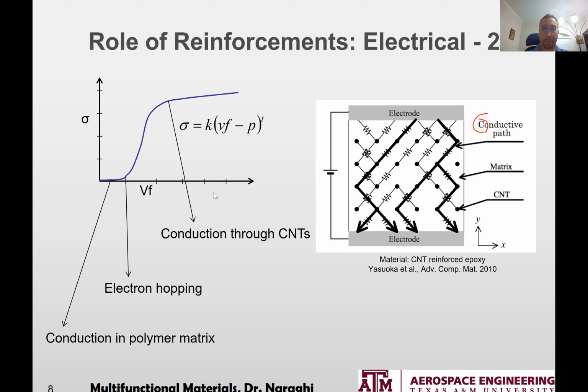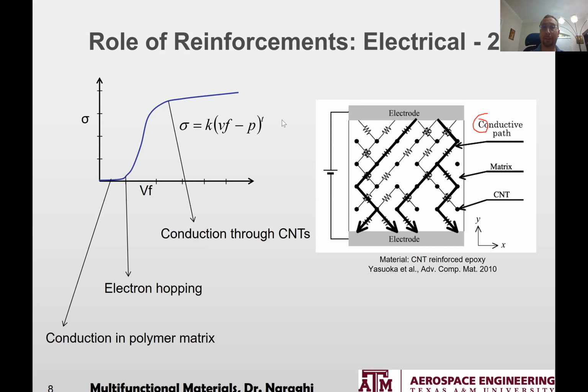So you get a behavior that is initially, at very low volume fractions, mostly conduction through the matrix, electron tunneling or electron hopping around. Then the percolation threshold starts, and it never reaches a plateau, but the change drops down after some point.